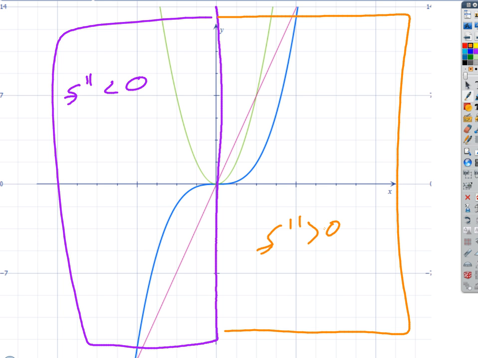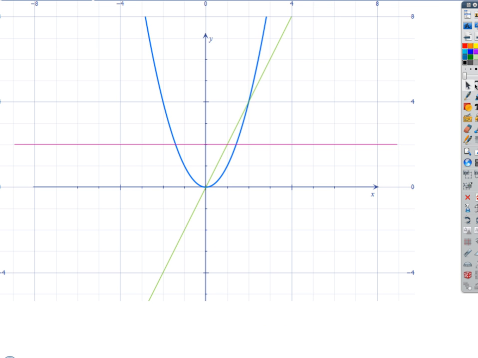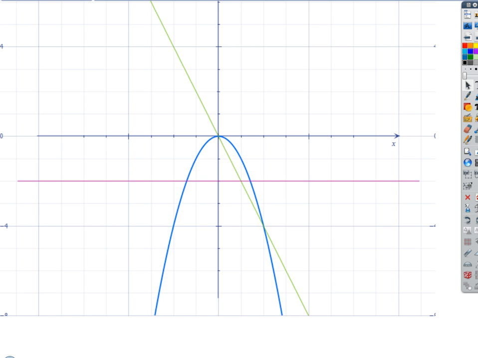Exhibit C, one more time, and then we'll talk about it. Exhibit A: here we've got a positive second derivative everywhere. Notice the shape of the function. Here we've got a negative second derivative everywhere. Notice the blue shape.